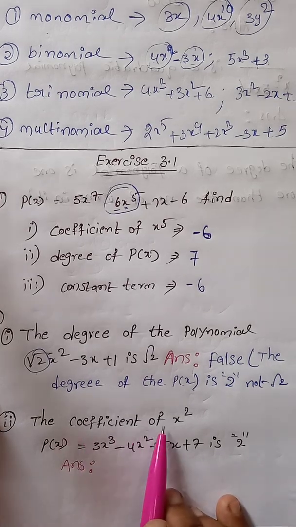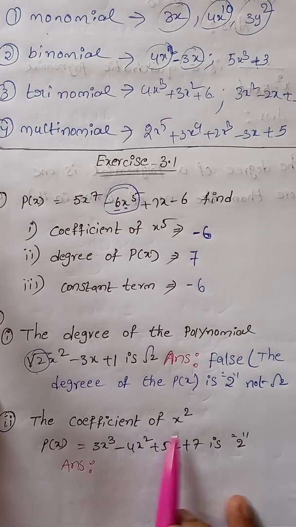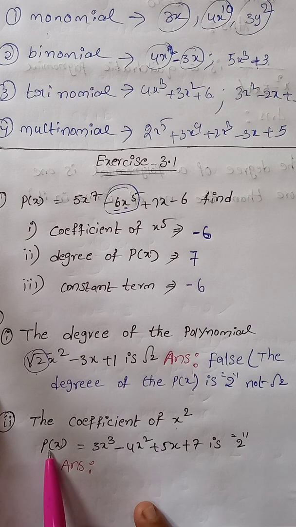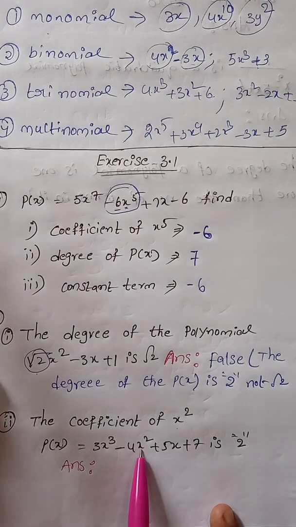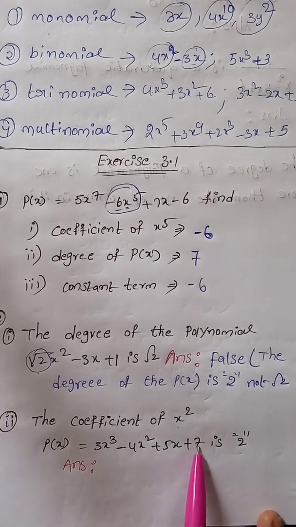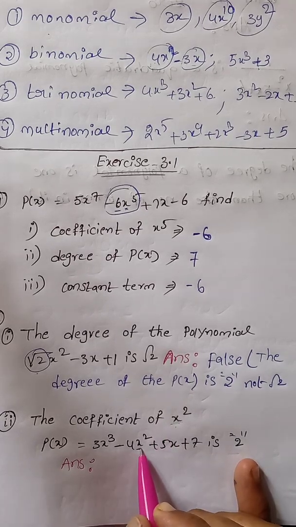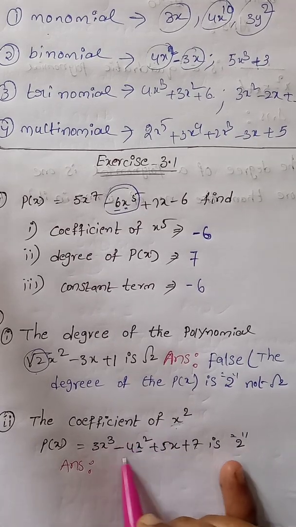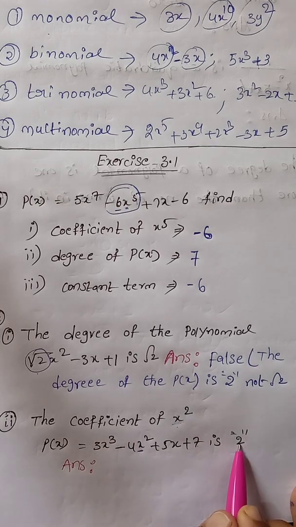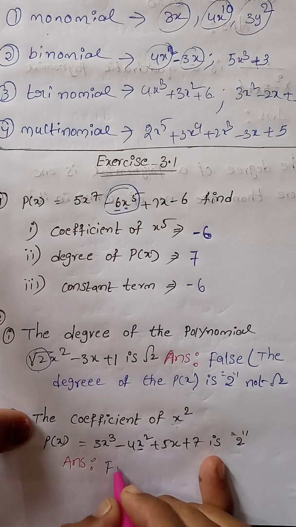The coefficient of x square. What is the given polynomial? 3x cube minus 4x square plus 5x plus 7. Coefficient of x square. This is x square. What is the coefficient of x square? Minus 4. But they gave 2. Is it true or false? It is false.